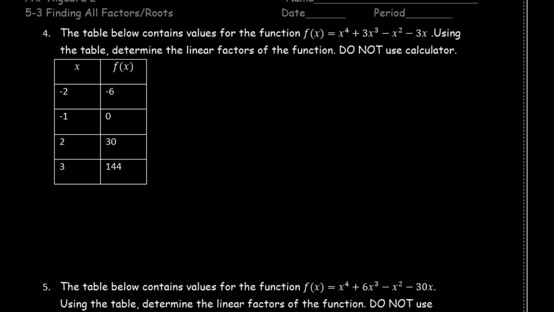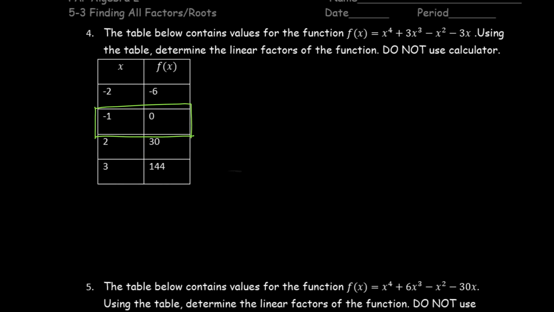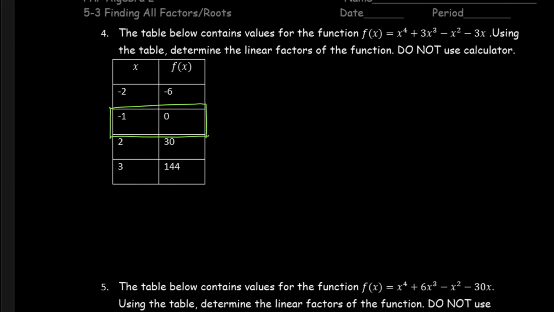So with this table, what are we given? We're given a 0. Well, what's another word for 0? X-intercept. Yes. This right here tells us that we have a solution at x equals -1.